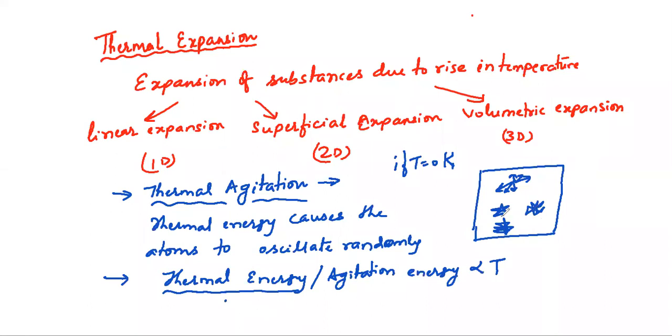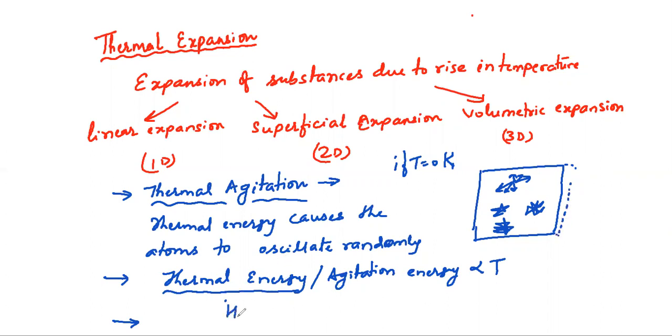These atoms start to oscillate more randomly, their energy increases, and there is an expansion in the substance. This is called thermal expansion.